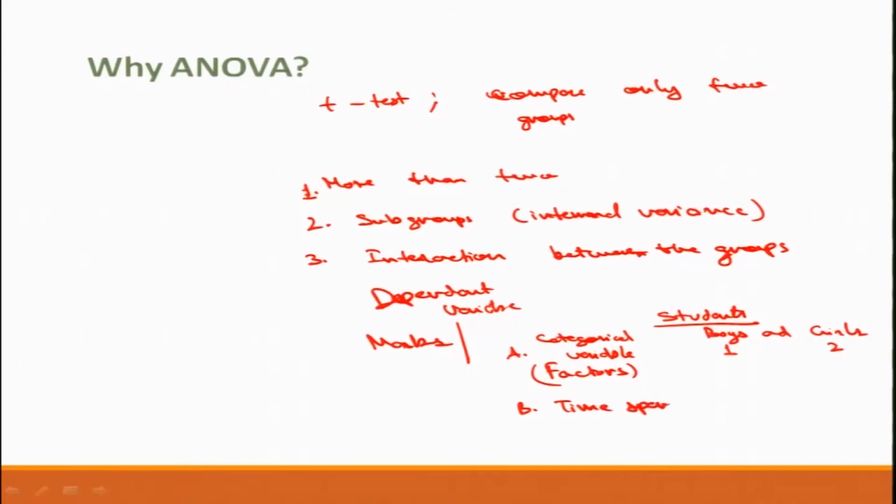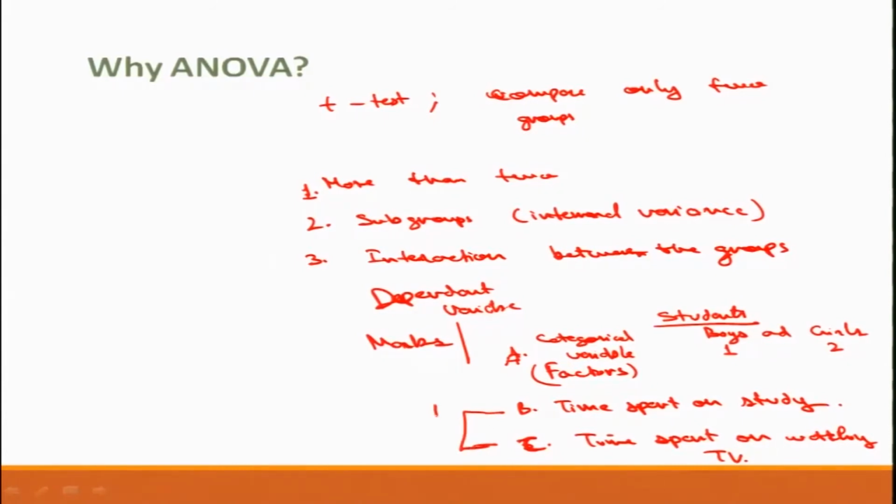Time spent on study, time spent on watching TV. So there might exist some interaction between the time spent on study and time spent on watching TV. So ANOVA without interaction considers that there is no relation between these two.